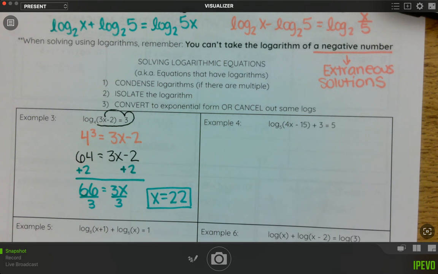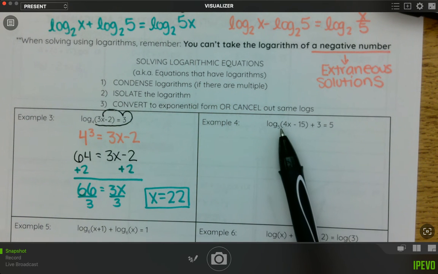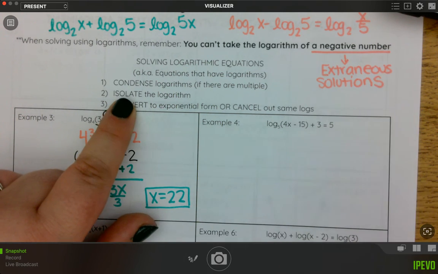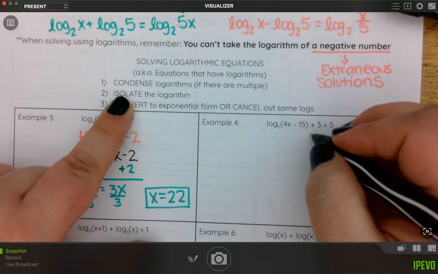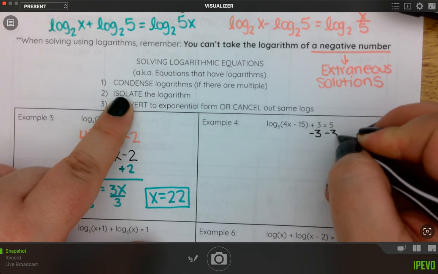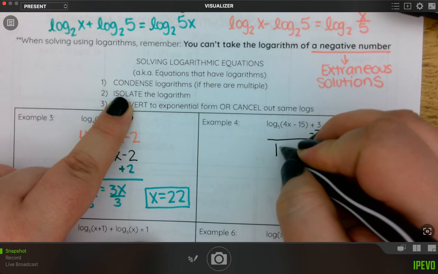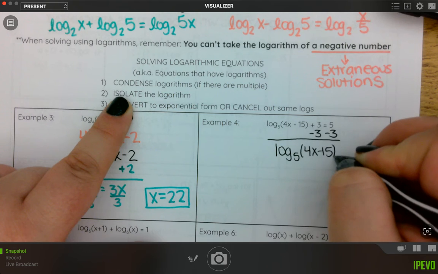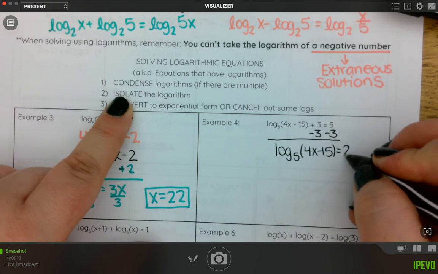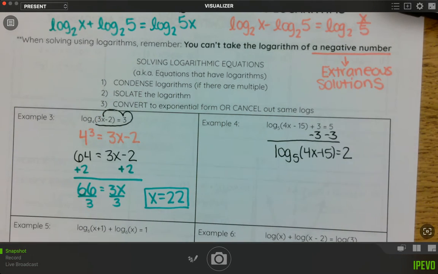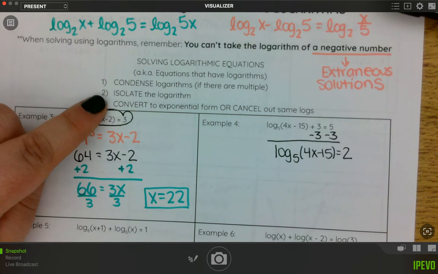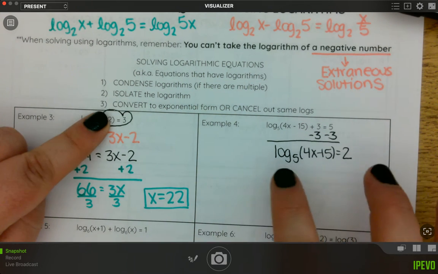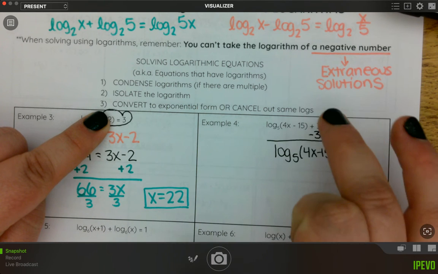Example 4 is very similar. There's only one log, so we're good on the first step, but it's not isolated. It's not isolated until I subtract the 3 from both sides. 5 minus 3 is 2. Okay, so now I'm done with that one, and I'm going to convert. There's not a log base 5 on this side, so I can't cancel out a same log.